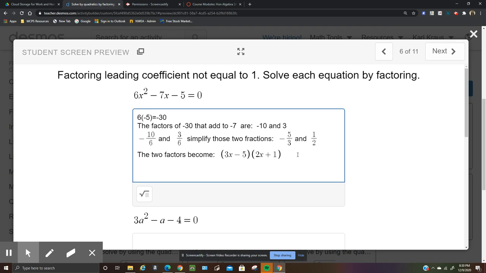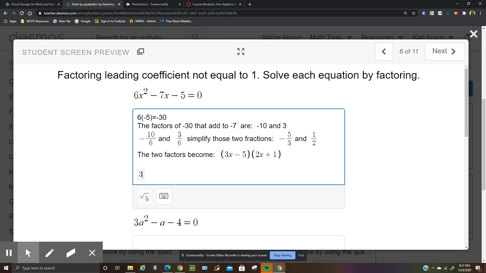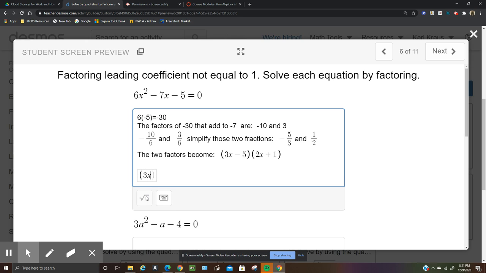So you equate those to 0. 3x minus 5 times 2x plus 1 equals 0.